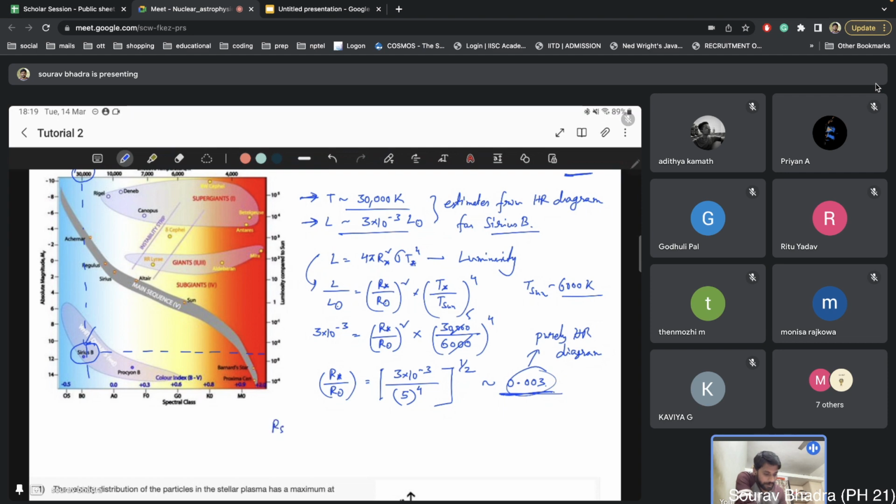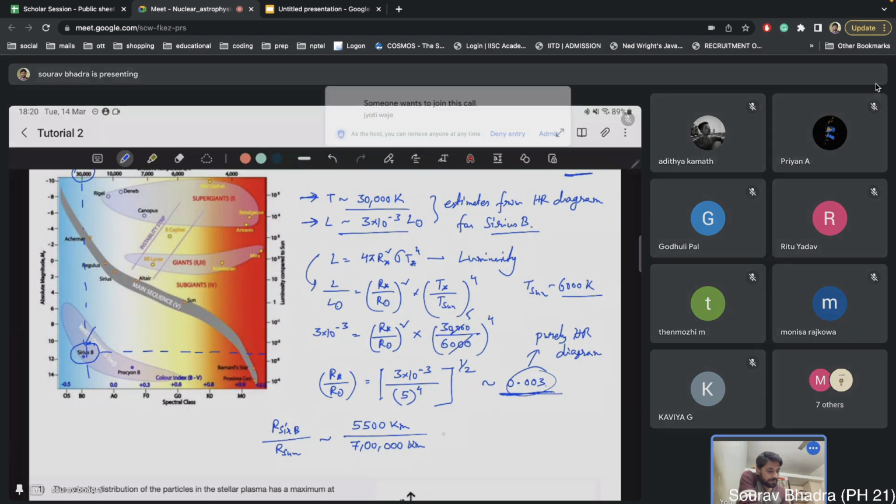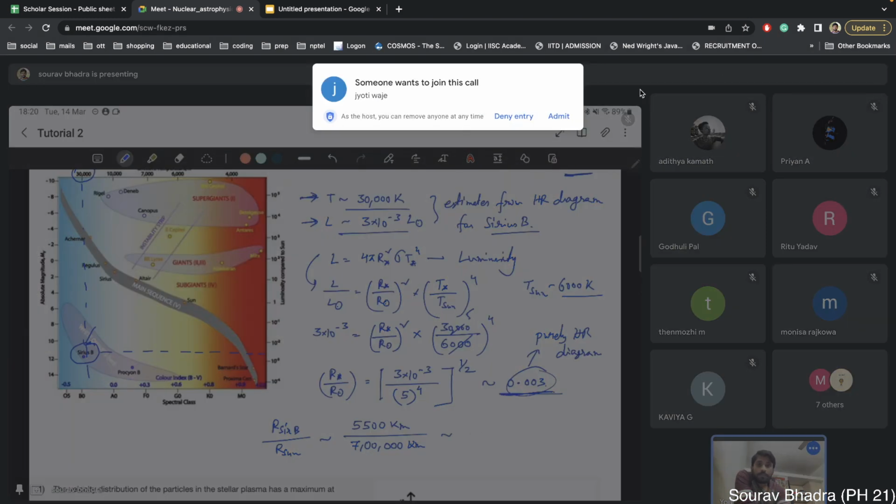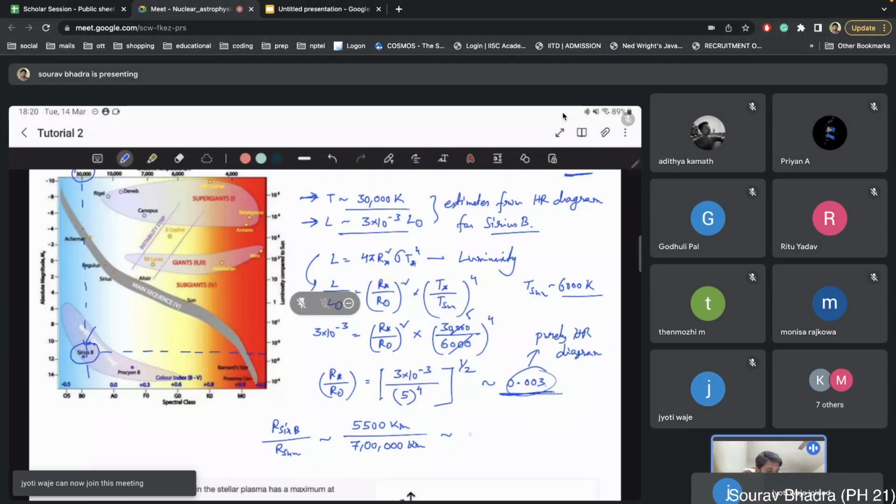So R Sirius B by R sun, this value I am writing from the internet: it is approximately 5,500 kilometer, and you know that the Sun's radius is 7 lakh kilometer. Now this will give you a value of 0.007. So this is the real value and this is our estimation.